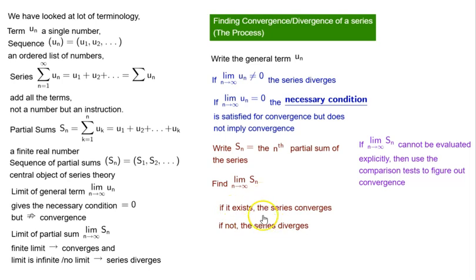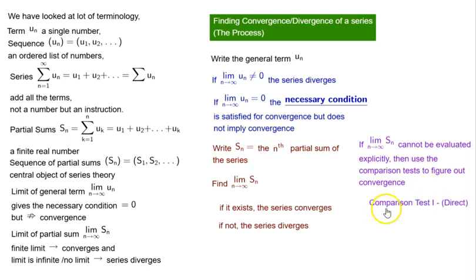If we have reached a conclusion here itself, then we don't have to proceed any further. But many times this limit of the nth partial sum as n goes to infinity cannot be evaluated explicitly. Then we use comparison tests to figure out convergence.